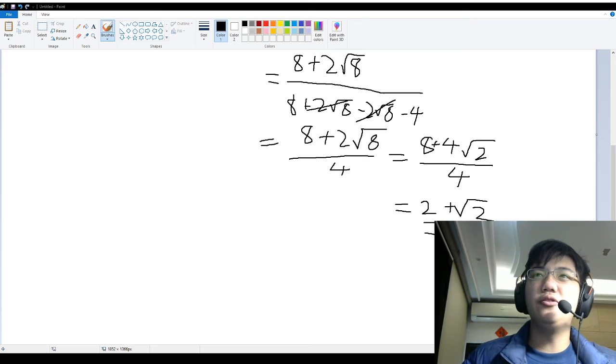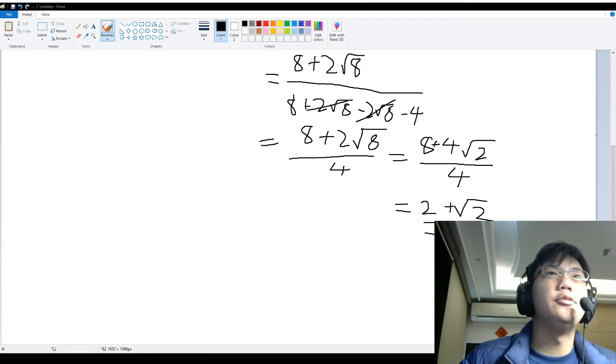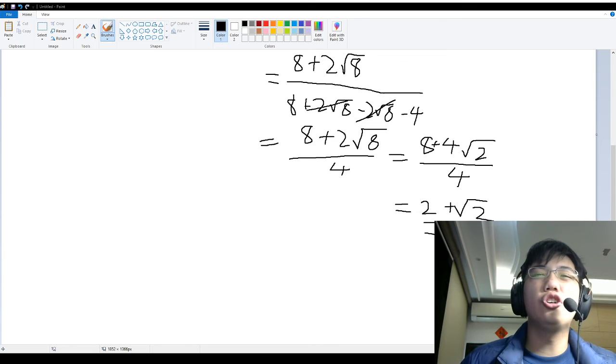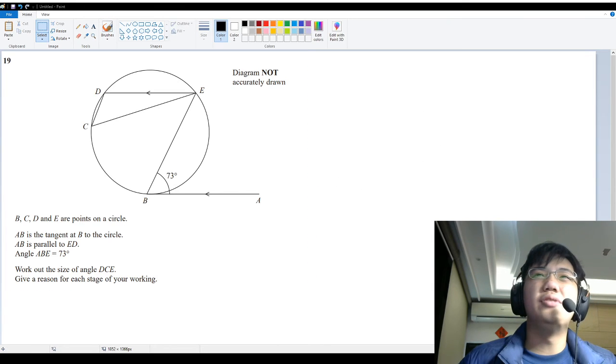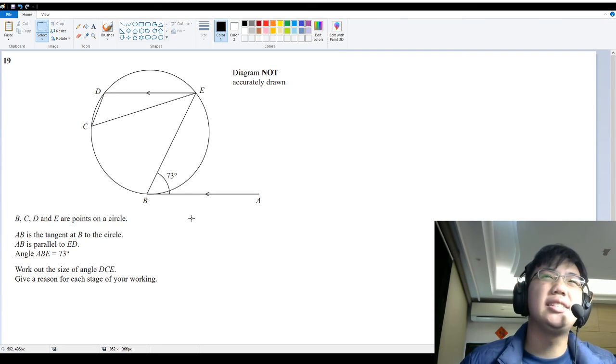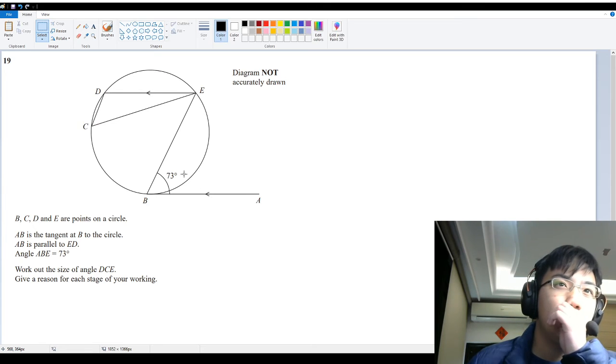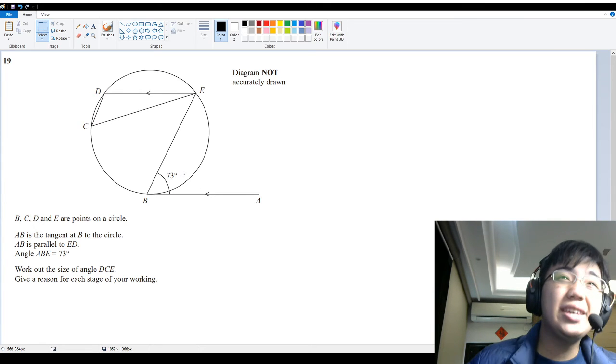This is probably one of the more complex questions, although it's logical that it's more complex because it's near the end of the paper, where the more complex topics and the ones that require more problem solving are tested.